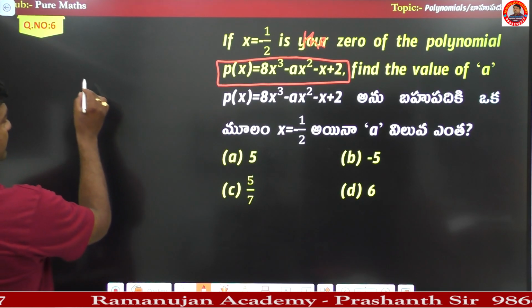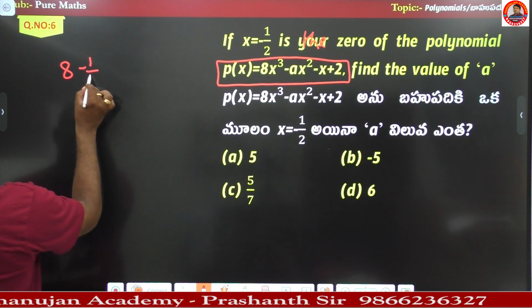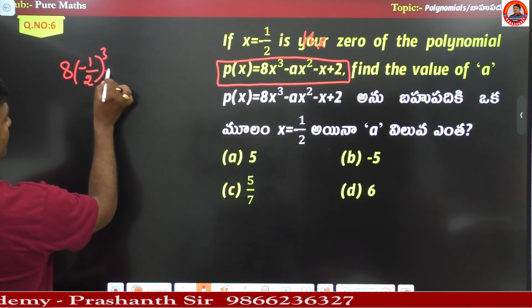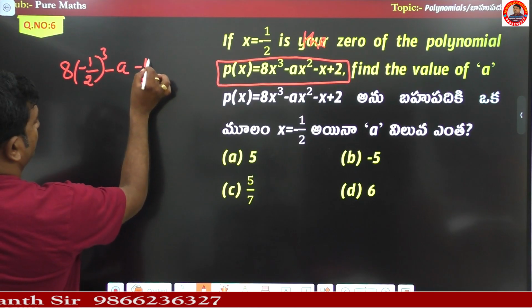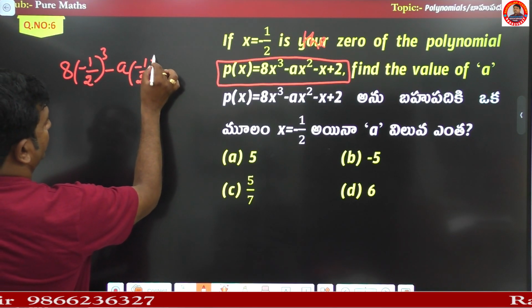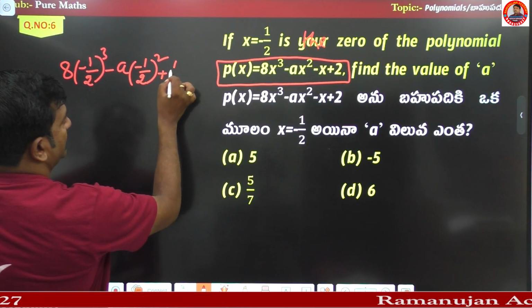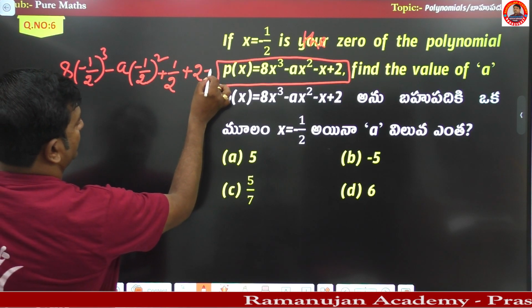Just observe here. Putting x equal to minus 1 by 2: 8 into x cube, which means minus 1 by 2 whole cube, minus a into minus 1 by 2 whole square, minus x means minus minus 1 by 2, you get plus 1 by 2, plus 2.